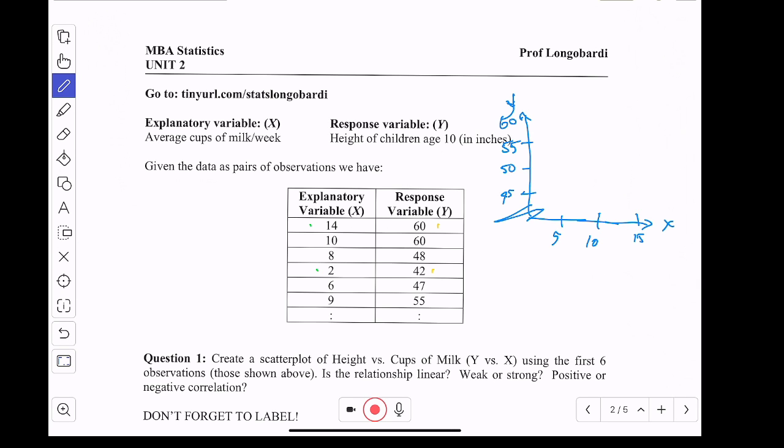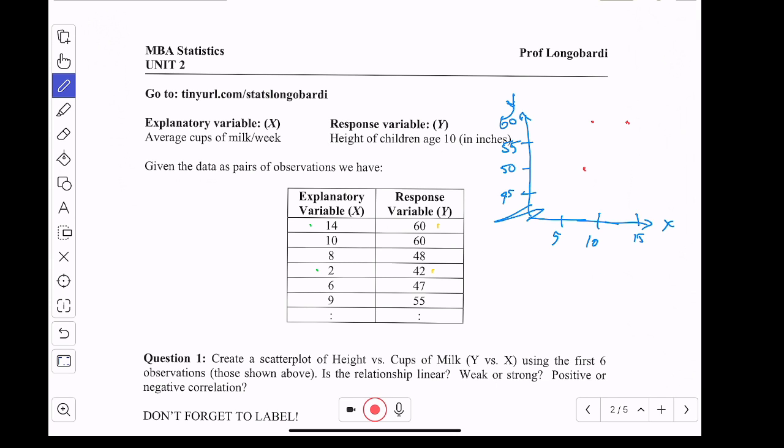Now you can use a piece of paper in a corner, like the corner of a sheet of paper, to help guide your drawing, your sketching. 10 and 60, that's going to be about there, and then 8 and 48 would be about here.